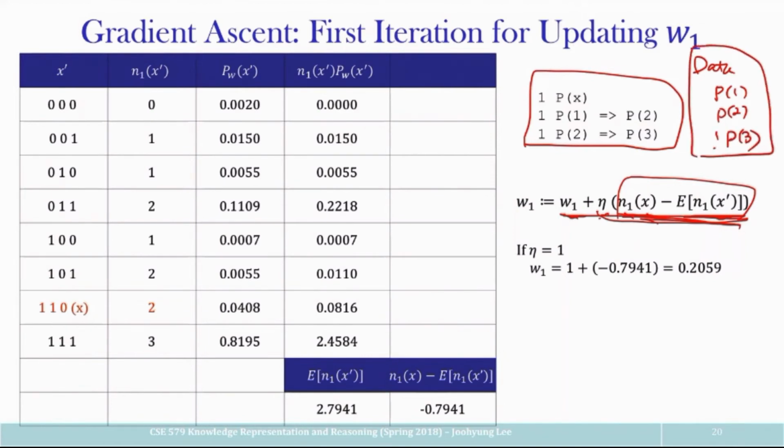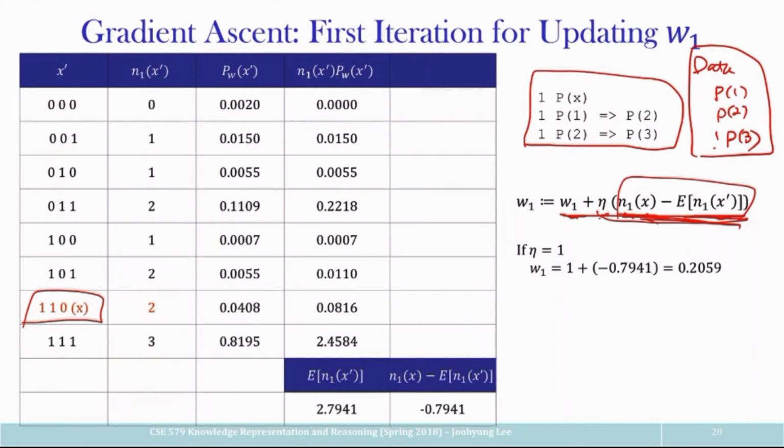Suppose you give this as data, which I'm going to denote as 110. This is a single interpretation. Now n_1(x) means look at the first formula and consider all ground formulas that can come from it. How many of these ground formulas are satisfied by the interpretation 110?